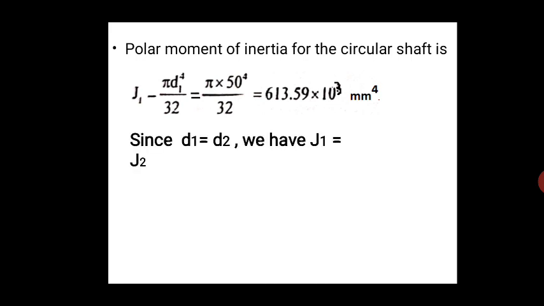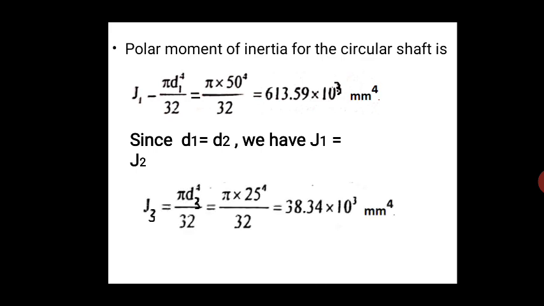Similarly, d1 is equal to d2, so we have J1 equal to J2, and for shaft 2, the steel shaft, we consider J3, that is pi d3 to the power of 4 divided by 32, equal to pi into 25 to the power of 4 divided by 32, and that is 38.34 into 10 raised to 3 mm to the power of 4. This is the data which he has given.